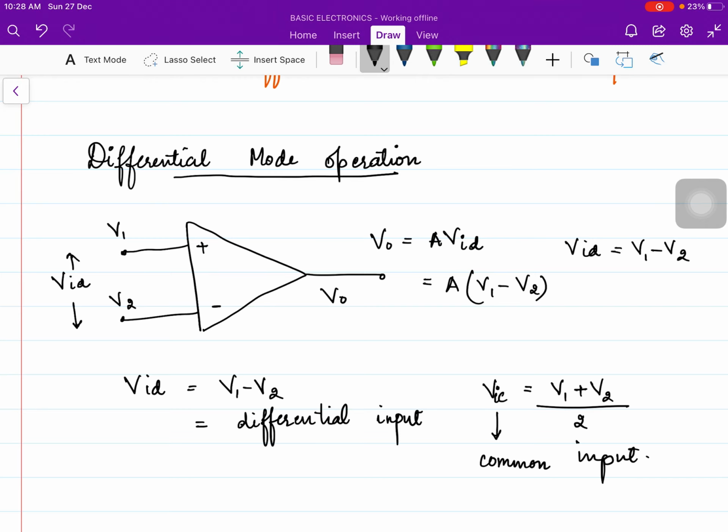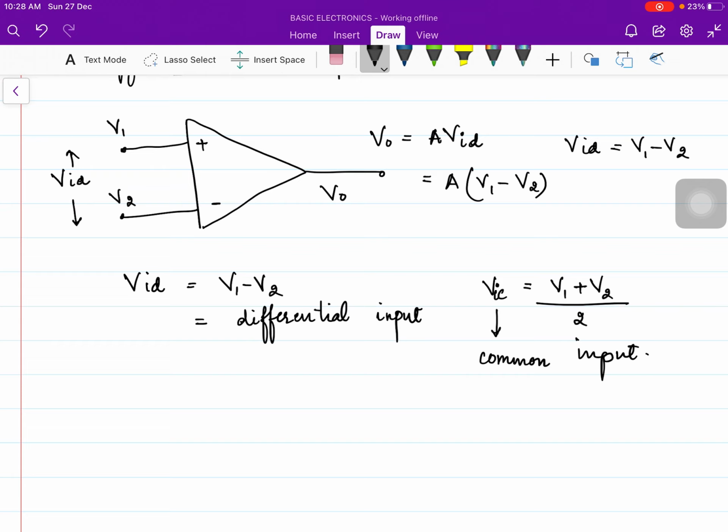When we talk about the output, we haven't considered the common input previously, because when I told you the circuit symbol, I only gave the output formula as V0 equals A into V1 minus V2, that is VID. I haven't told you the common part because it is so small that we neglected it. But if we consider the total output voltage, there has to be a differential gain, which we multiply with the differential input, and a common mode gain, which we multiply with the common mode input.